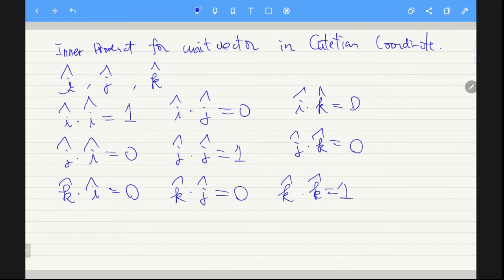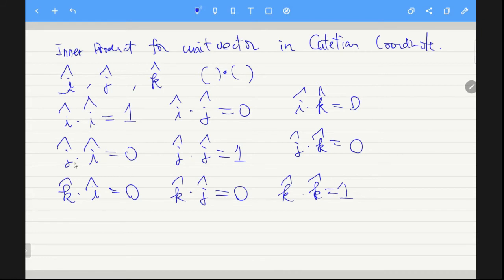So actually, for a dot product, we need two operands, and we have three choices for each, so we have a total of nine combinations here. If the two unit vectors are the same, then the dot product will be 1. If they are not the same, then the dot product will be 0.